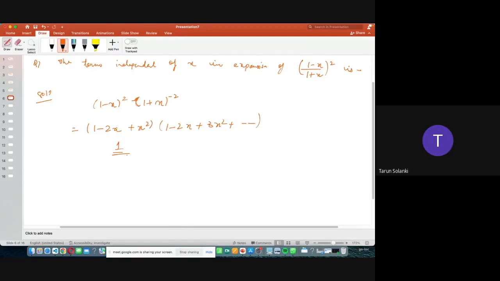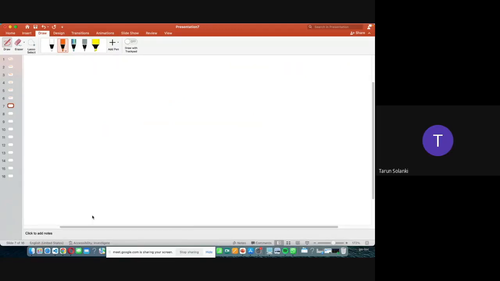Let's solve one more problem. If mod x is less than 2 by 3, then the fourth term in the expansion of (1 plus 3x by 2) to the power half is?